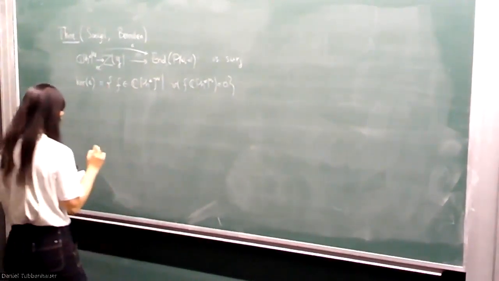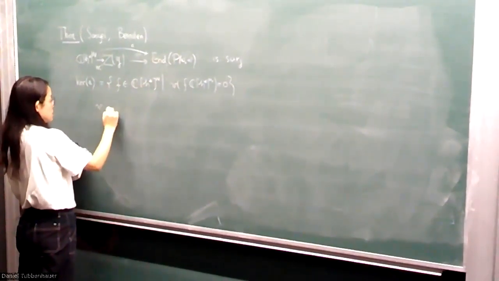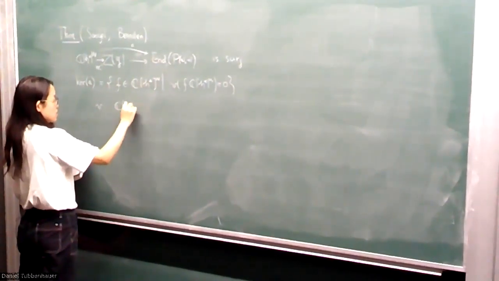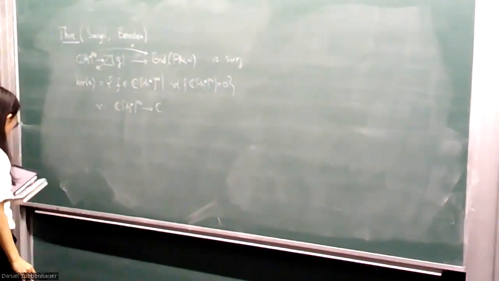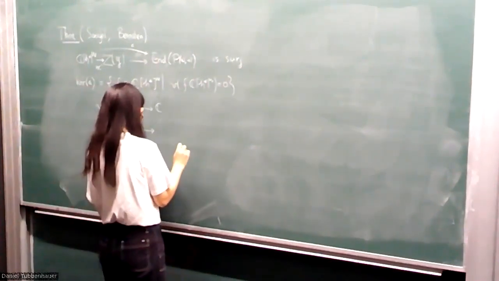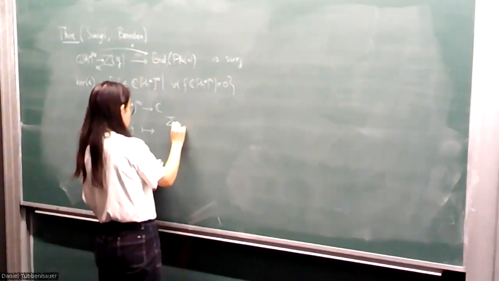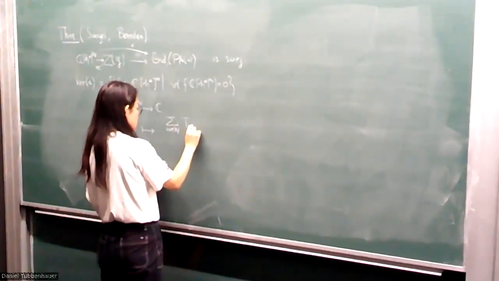And what is this map B? It's defined as follows. B is a linear map from C[h*] to C, which sends a function f to the sum over elements in the Weyl group of T.